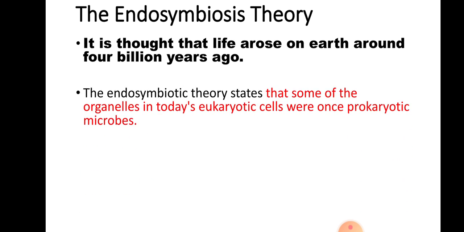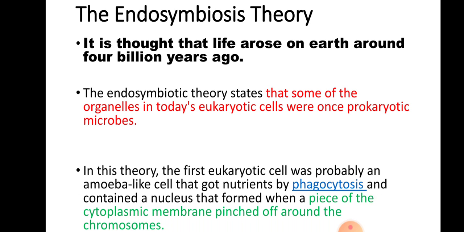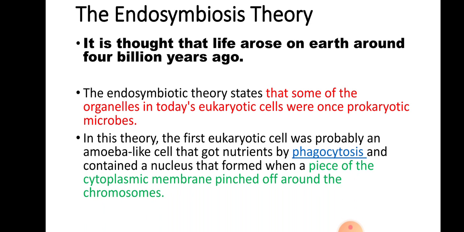Now, what is endosymbiosis? Endosymbiotic theory states that some of the organelles in today's eukaryotic cells were once prokaryotic microbes. In this theory, the first eukaryotic cells were probably amoeba-like cells that got nurtured by endosymbiosis.